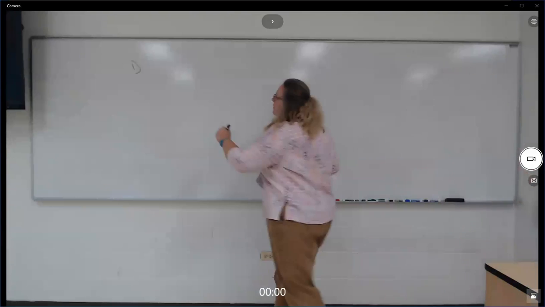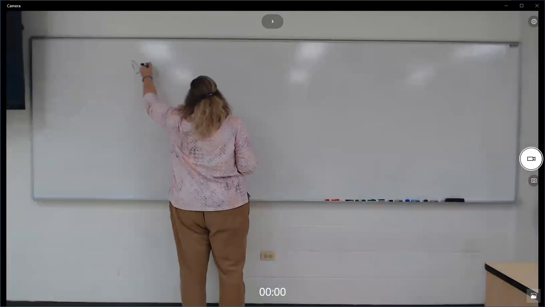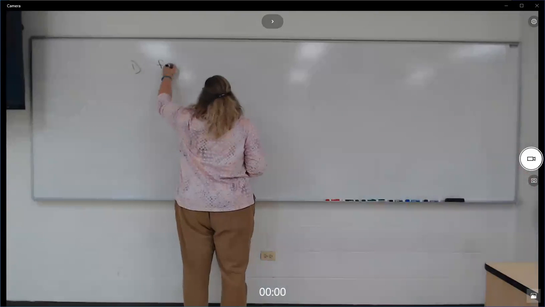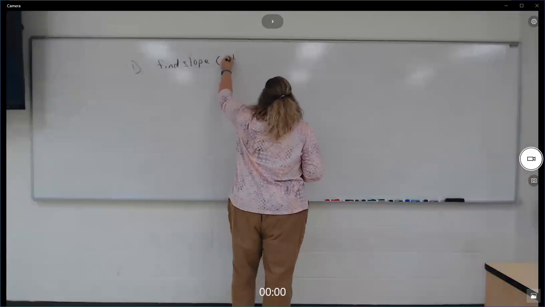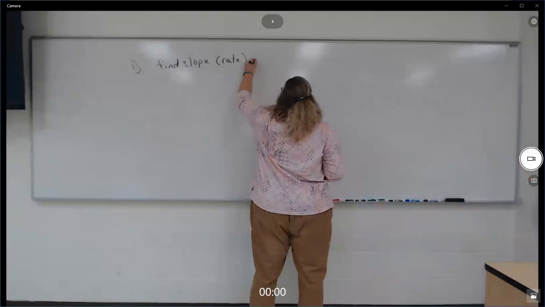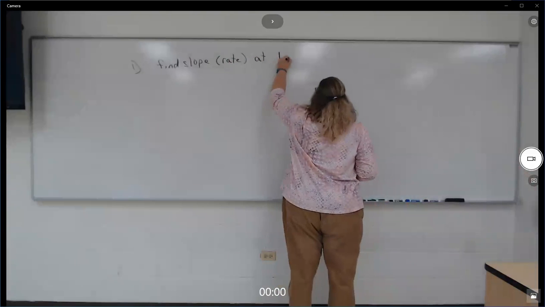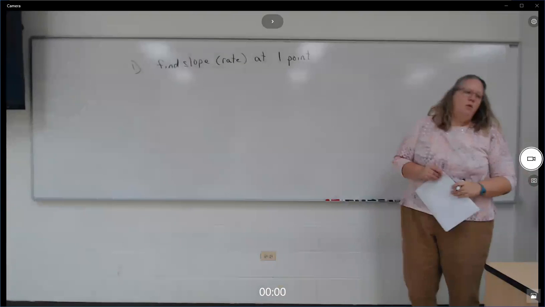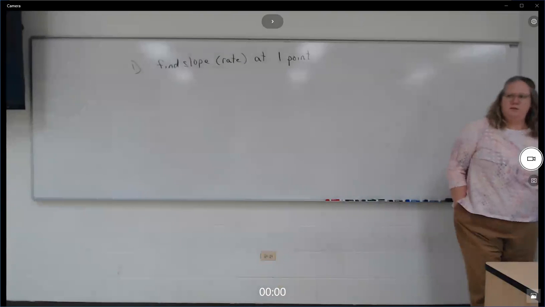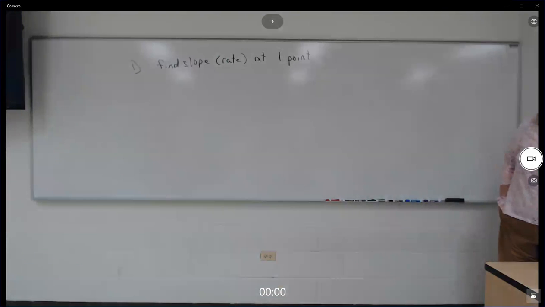You can say slope or rate, but you don't even need both, just slope at one point. You only need one point to find slope if you have a derivative.